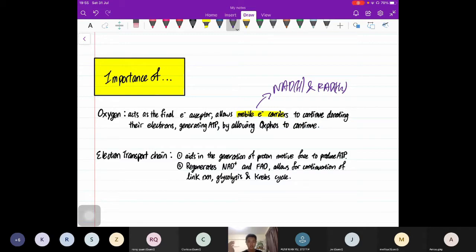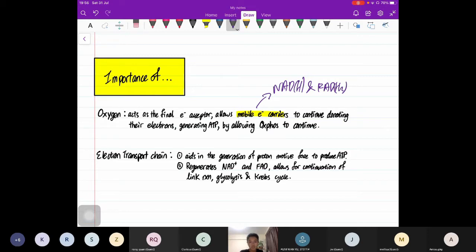Then the importance of your ETC. The first importance of ETC is that it aids in the generation of your proton motive force. Your proton motive force is, of course, what drives chemiosmosis afterwards, right? So it aids in the generation of proton motive force to produce ATP. If you want to elaborate further, to allow for chemiosmosis, and therefore ATP can be produced.